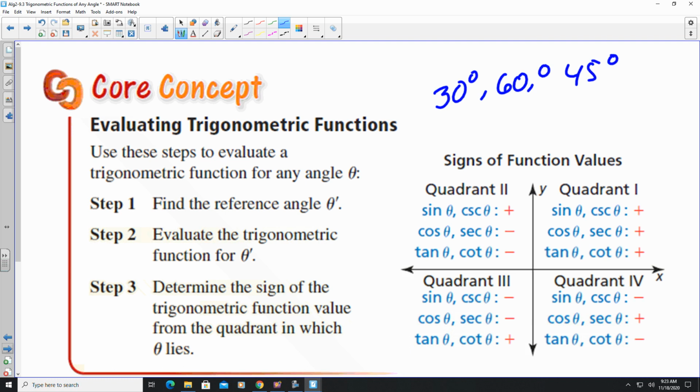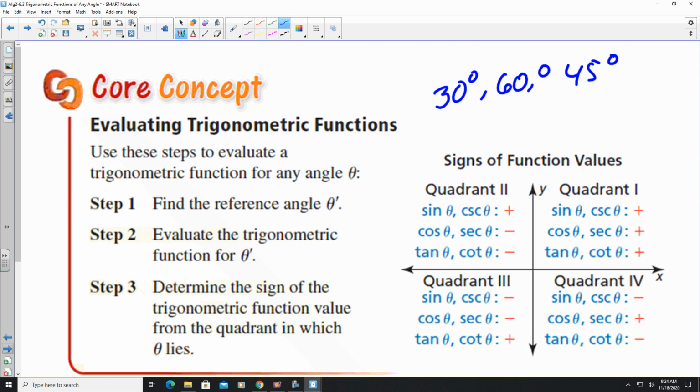It's nice because we can reference back to the charts from 9.2, and then we can use that chart to help us determine what the result is for those specific trig functions.